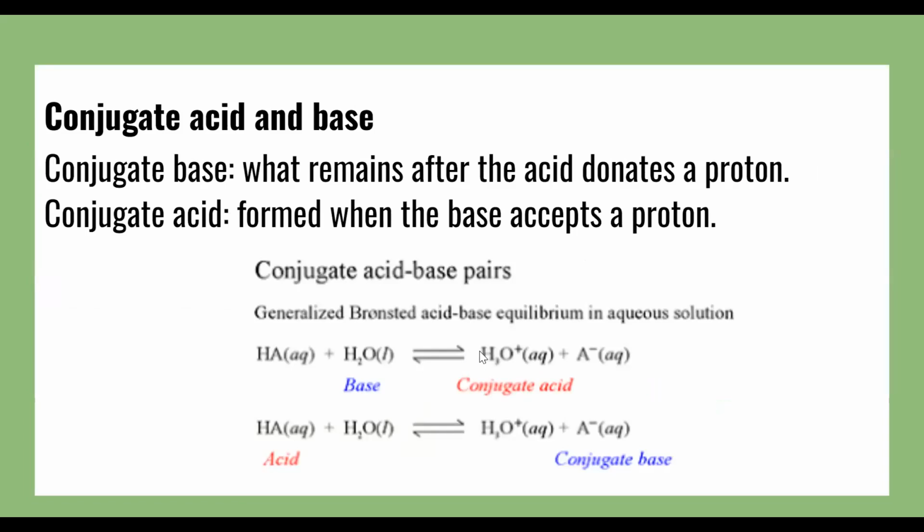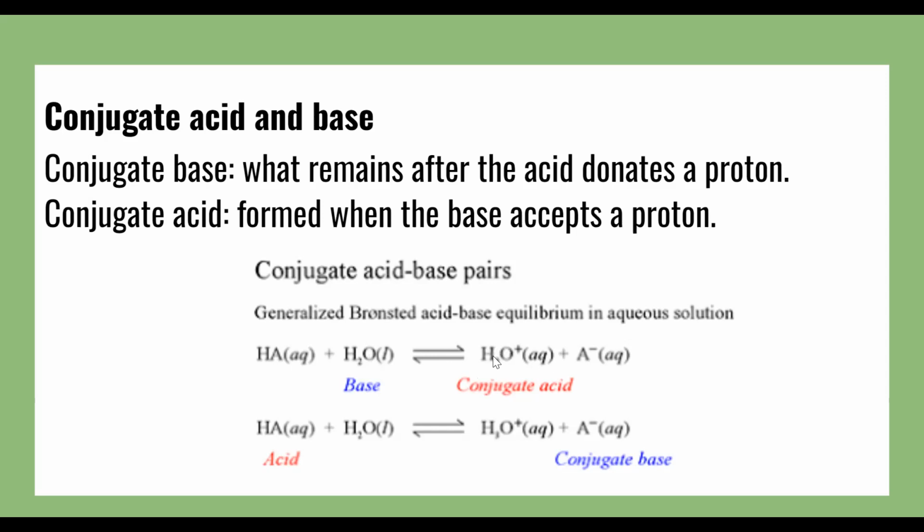So let's look at conjugate acid and base. Conjugate base is what remains after the acid donates a proton. Conjugate acid is what is formed when the base accepts a proton. So looking here, this is the base. Why is it base? Here, water acts as the base, accepts the proton.